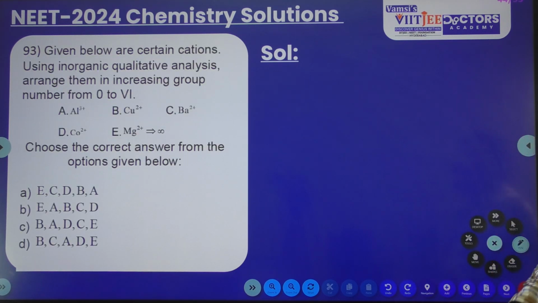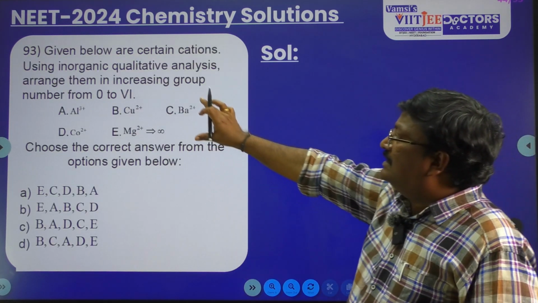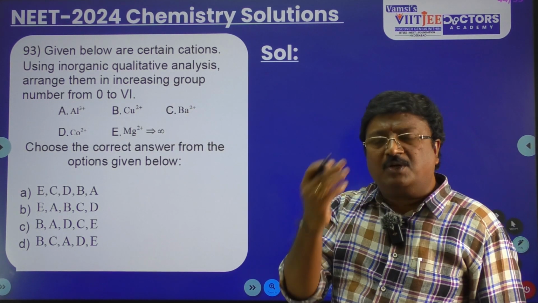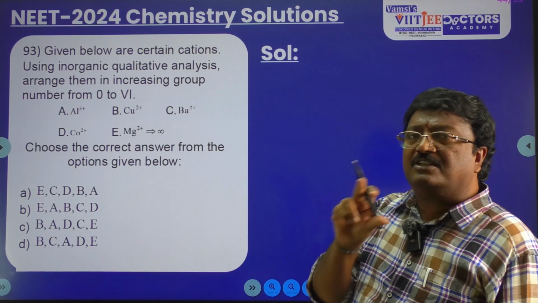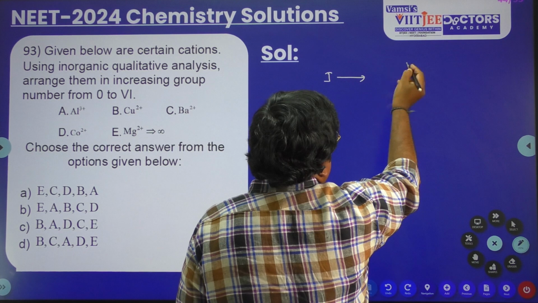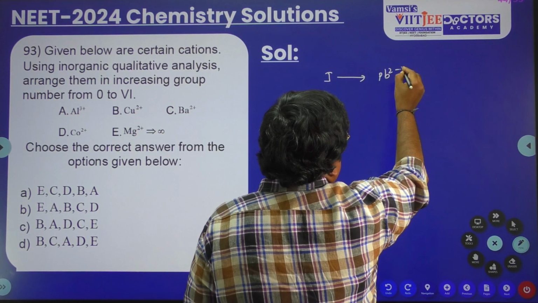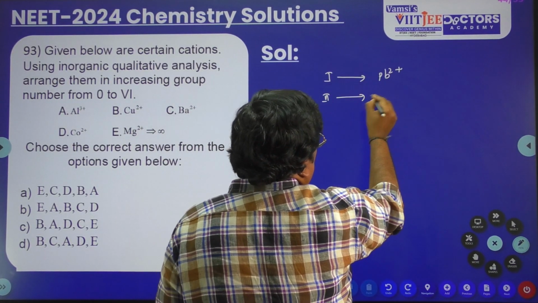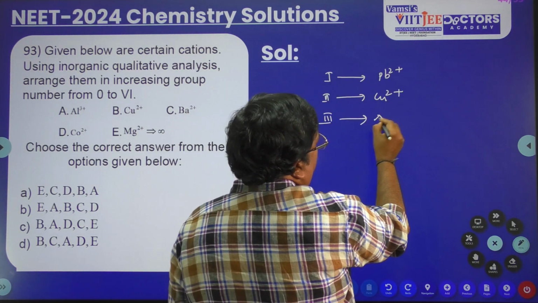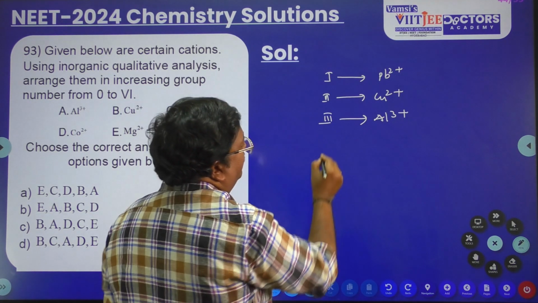Here, coming to next question, right? It is the question based on semi-micro analysis. To find out the answer, you have to know the cation groups. Here, first group, we can take lead ion. Second group, in general, copper ion. Third group, we can take Al+3.